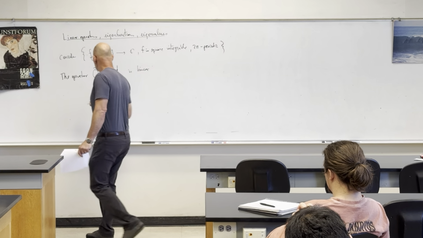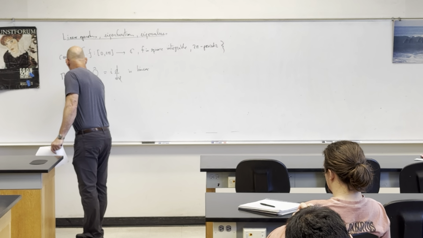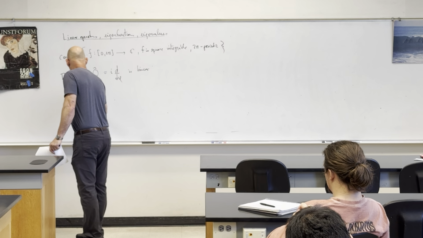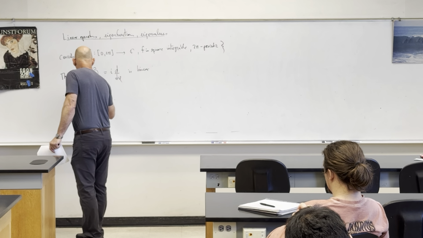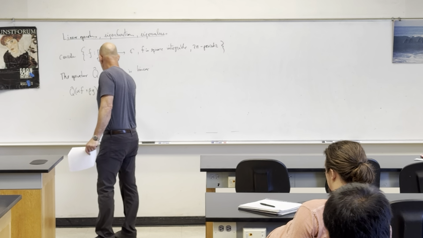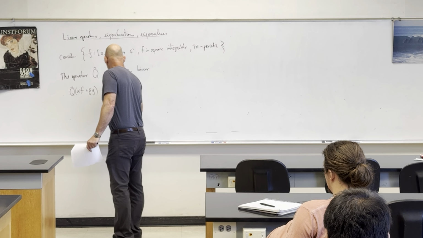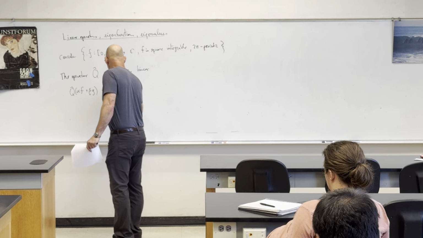And if it were linear, we would have to say Q applied to alpha F plus beta G. That's going to be i d over d phi applied to alpha F plus beta G. And sure enough, the derivative is generally linear, so that's going to be alpha Q at F plus beta Q at G. That'll be no problem.